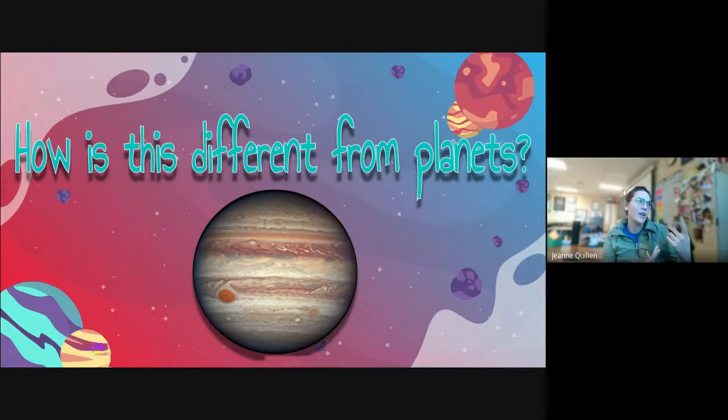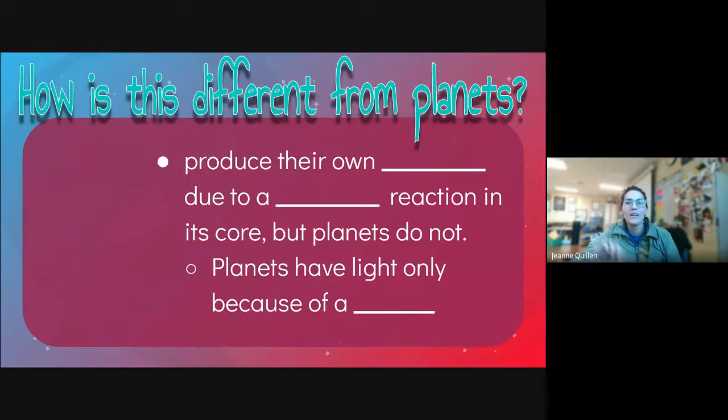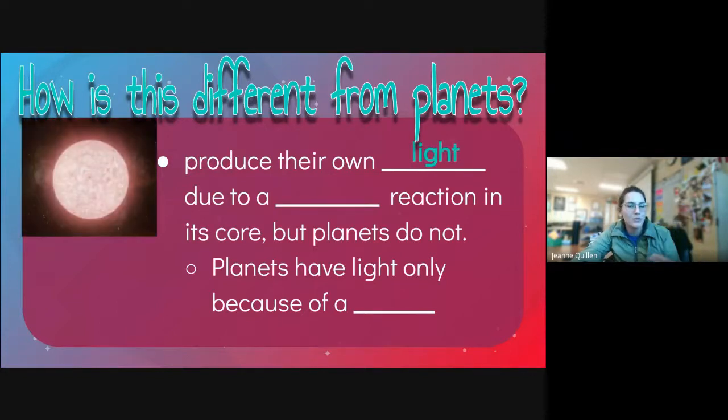So why is our sun a star, but Jupiter is just a planet? What's the difference between those two? Can anyone tell me what they think the difference is between Jupiter and the sun? So hopefully they were able to tell me that a star produces its own light due to that chemical reaction we talked about, that fusion.